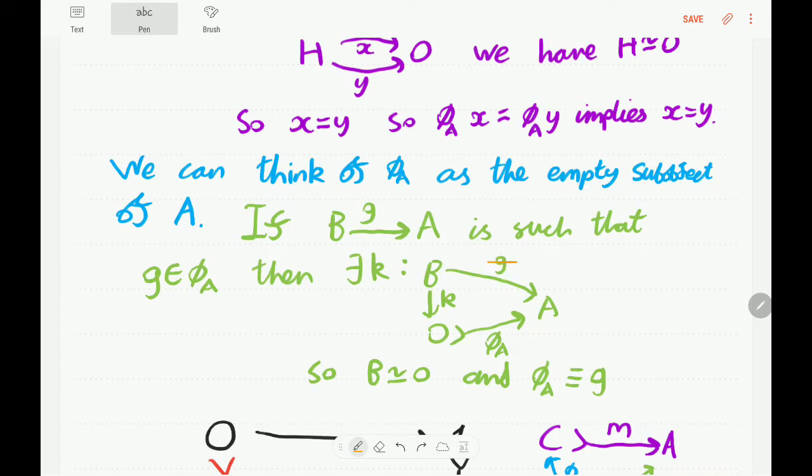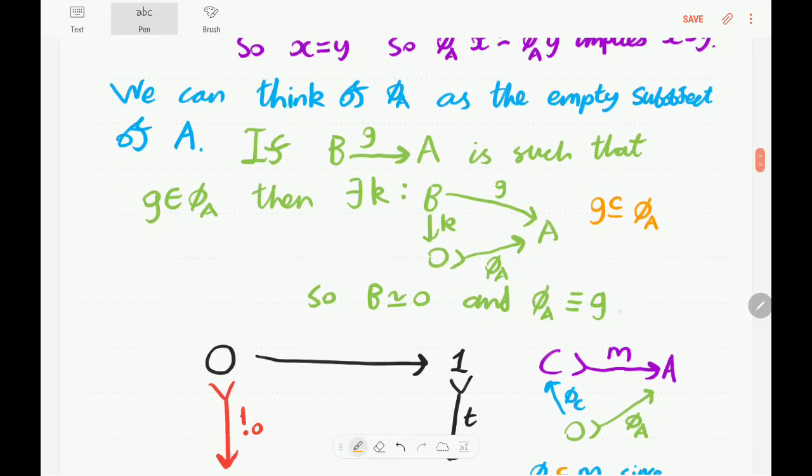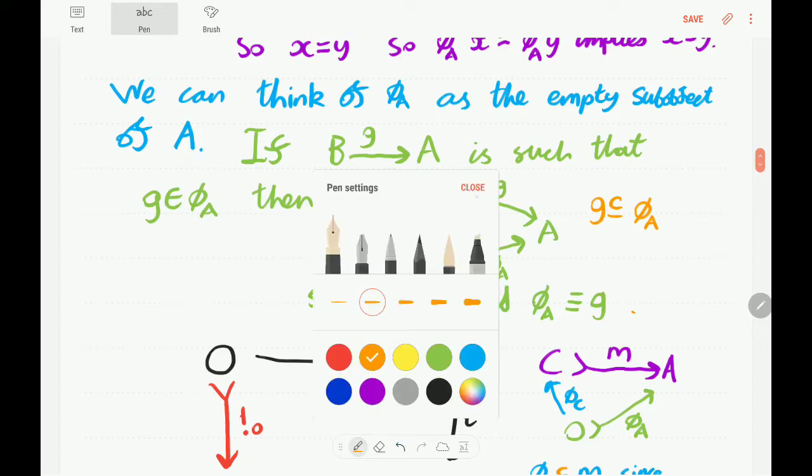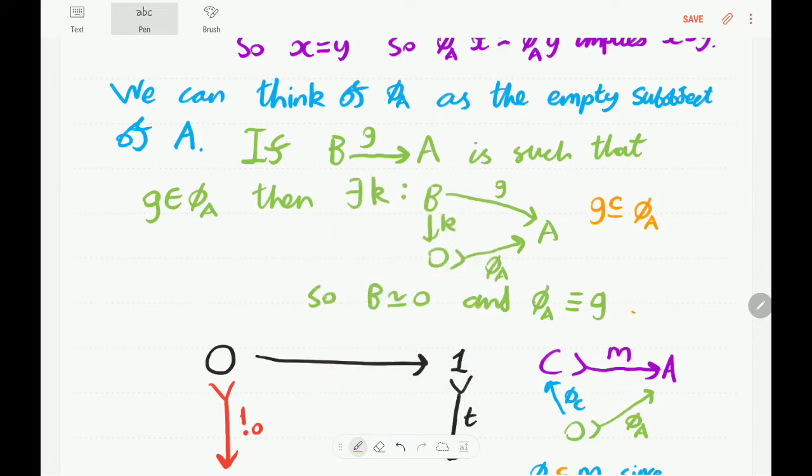And then the fact that we have this K means that we in fact have that G is contained in 0A. And we also have from this result that 0A is contained in G. So in fact we have that 0A is equivalent to G.